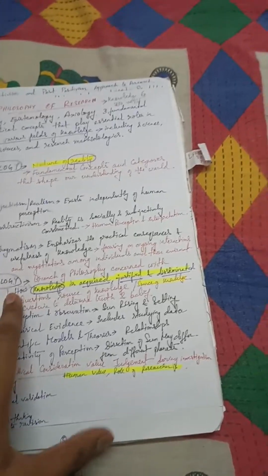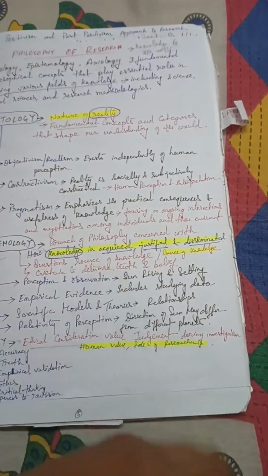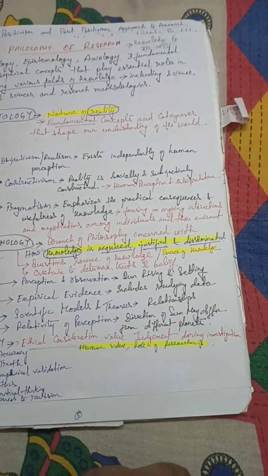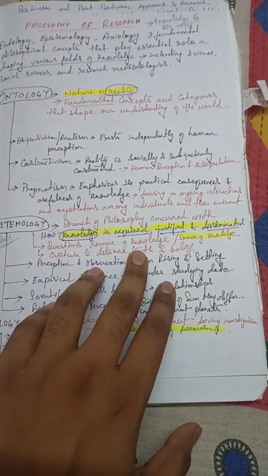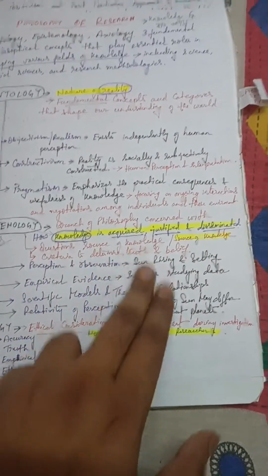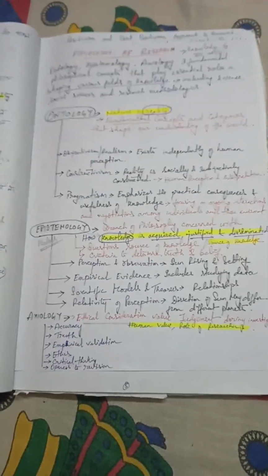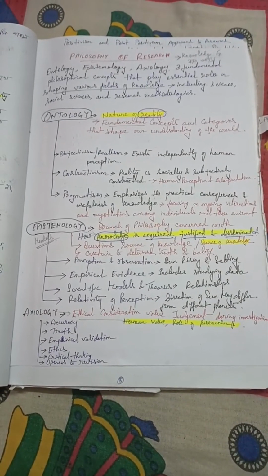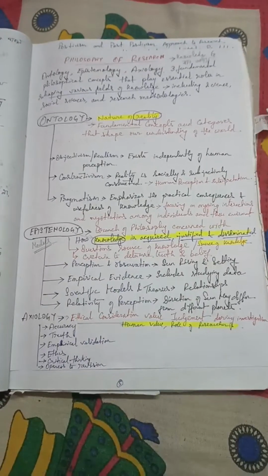Epistemology is a branch of philosophy concerned with how knowledge is acquired, justified and disseminated. It questions the source of knowledge and the criteria to determine truth and belief, how truth and belief are determined. And what are the subparts of epistemology? Perceptions and observations, the sun rising and setting, that's epistemology. Empirical evidence.